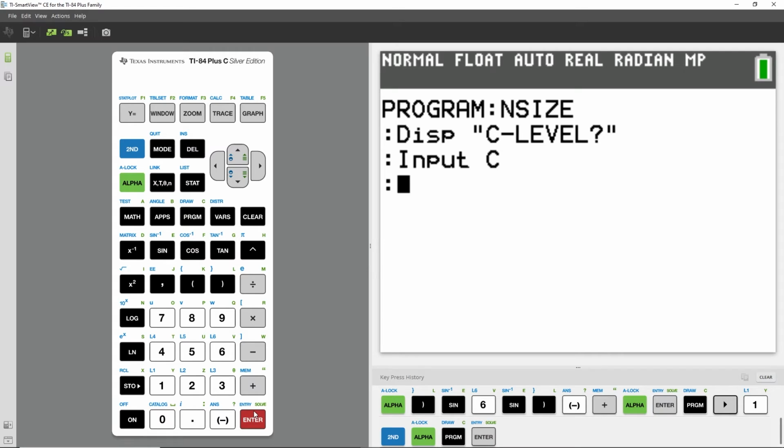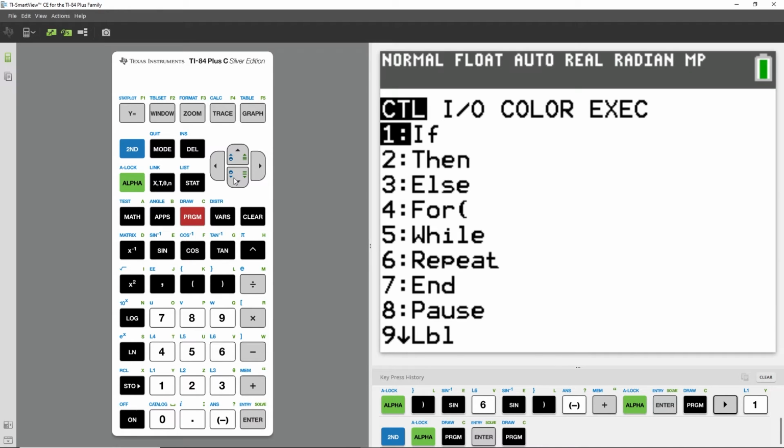Next, after that, we're going to ask them what's the P, and after P, we want them to enter the error. Okay, so let's speed it up.